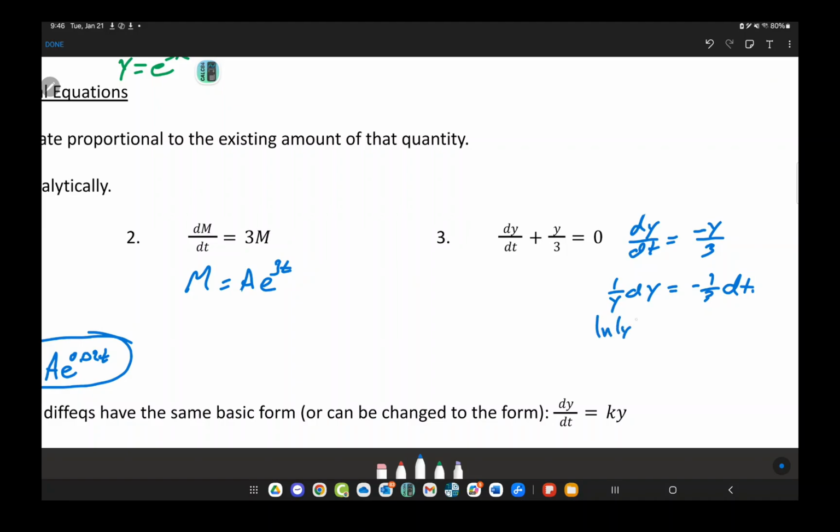Natural log of y equals negative 1/3 t plus C. Raise both of these as exponents of e. So y equals e to the negative 1/3 t times e to the C, and e to the negative 1/3 t.